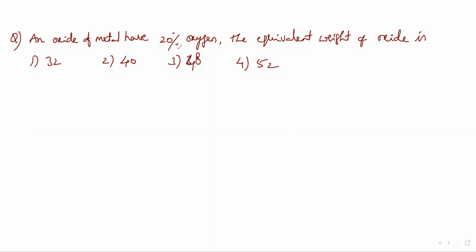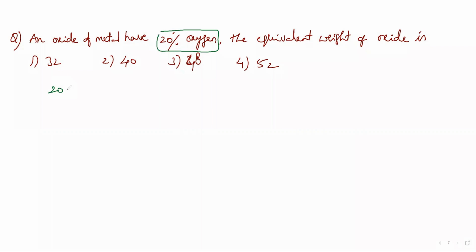Now let us proceed with this question. An oxide of metal, we don't know what that metal is, but its oxide has 20% oxygen. Let us start from that point. What does that mean in percentage?